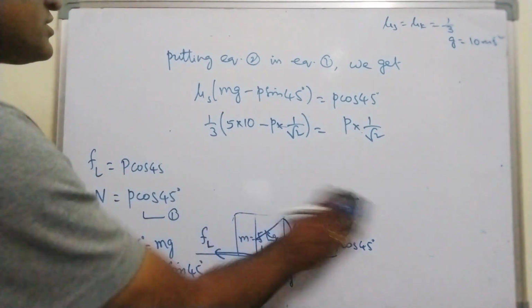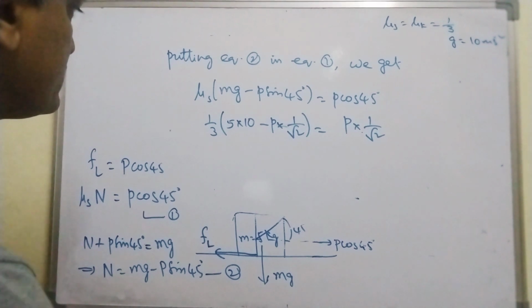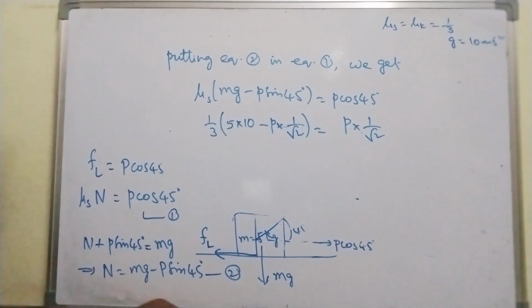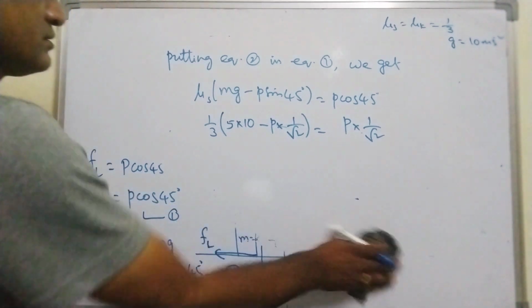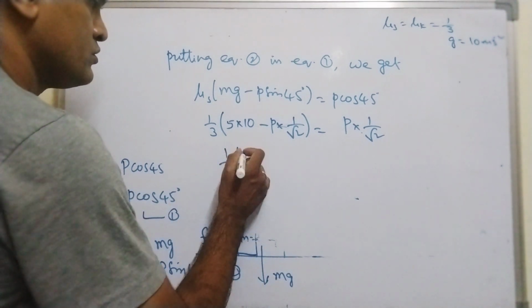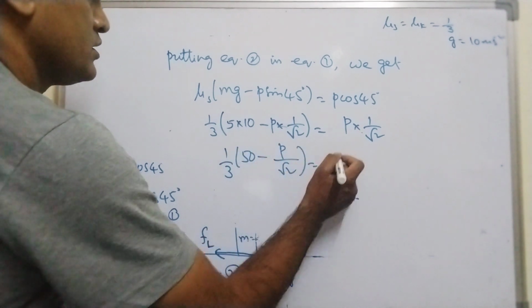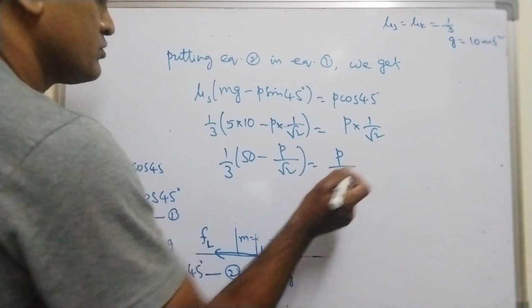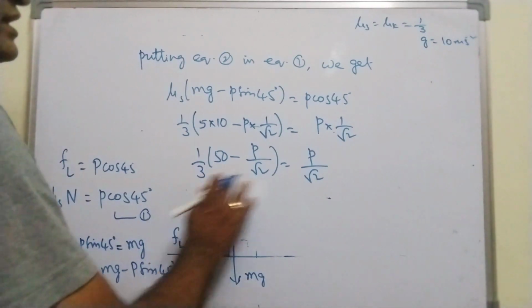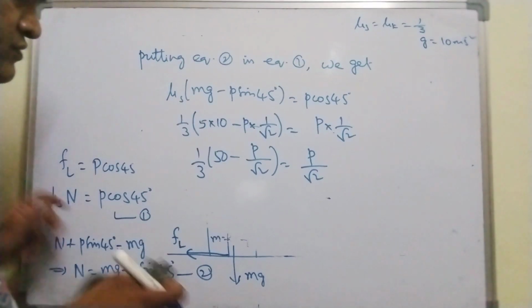When you solve for P, how much will you get? I think all values we know. Now what will I get? Here I will get 1 by 3 into 50 minus P by root 2 is equal to P by root 2. Let me simplify.